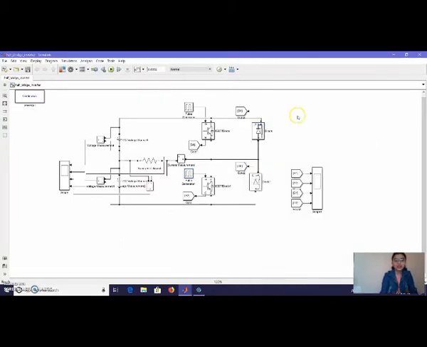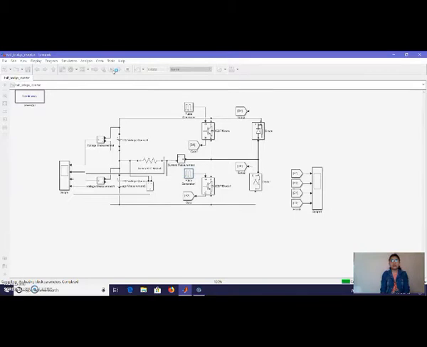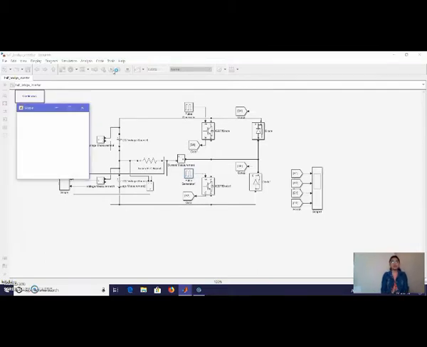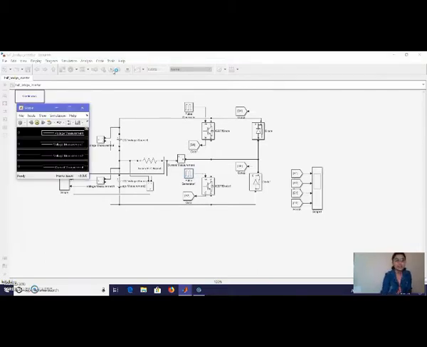So we will run the circuit now. It will take some time to initialize all things.